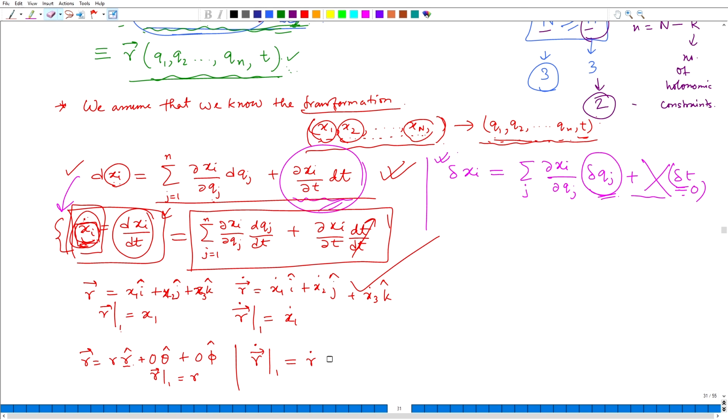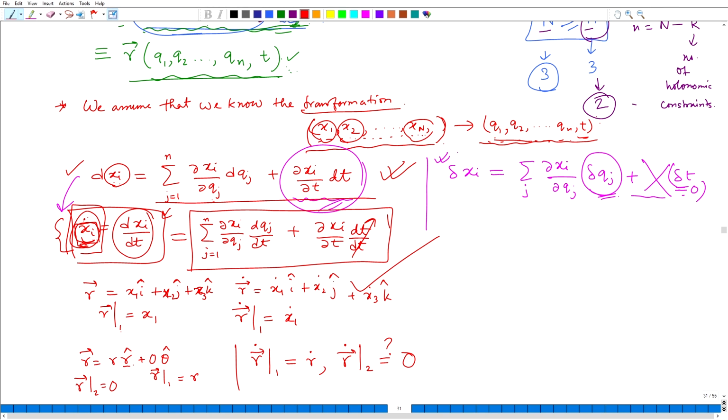But then the surprise begins: you say that the second component of the r vector is 0. Does it mean that I should not consider phi cap, because I said it is plane polar coordinates? Now, if r2 is 0, then what will be r dot 2, is it 0?